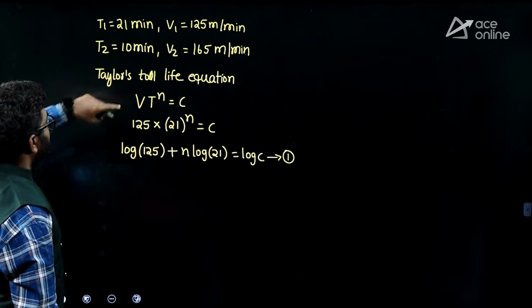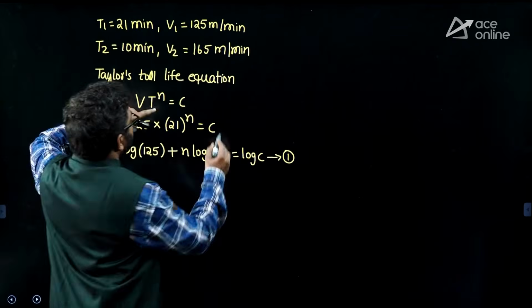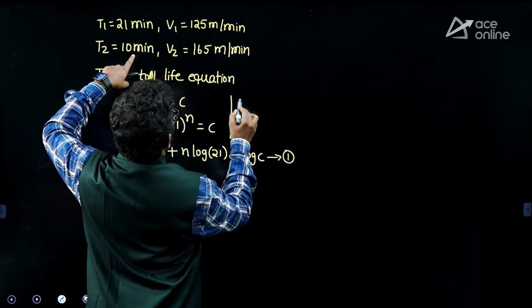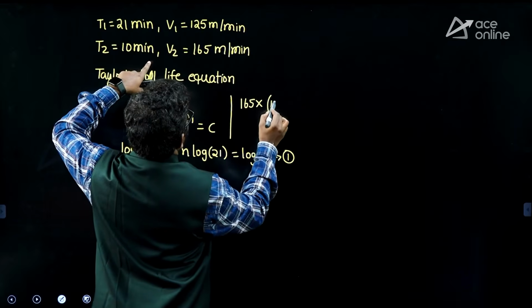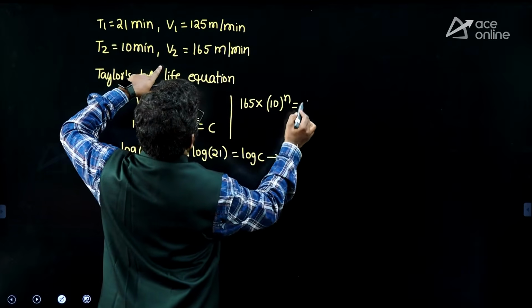Now by using the second equation, I will get 165 into 10 power n is equal to constant.